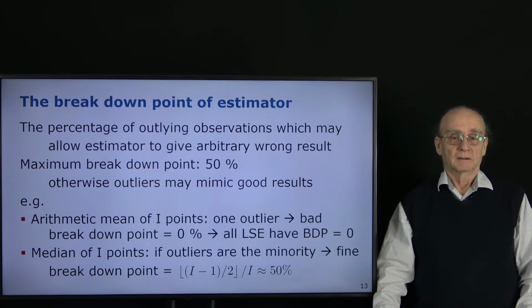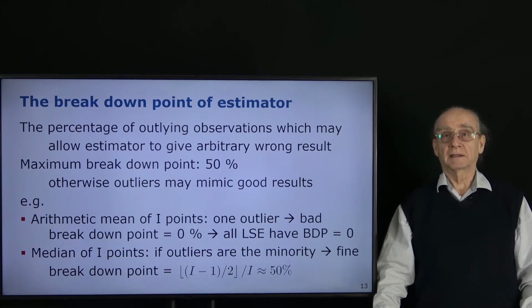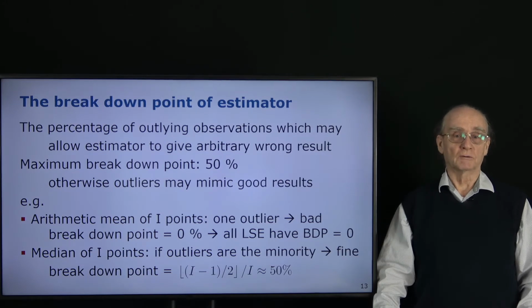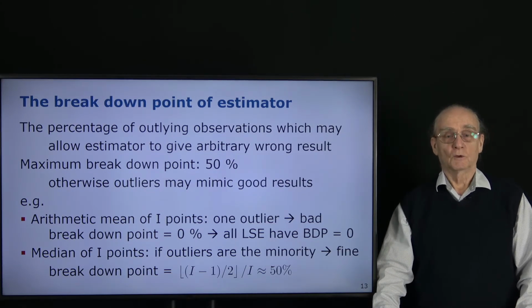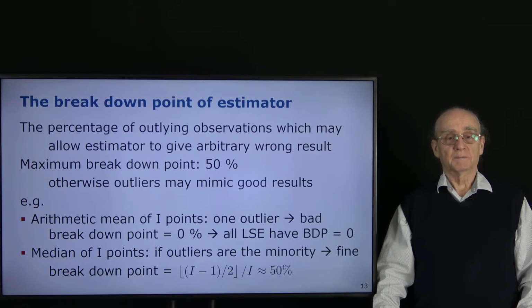Now, let's lean back and ask how many points of 100 points, let's say, can be outliers without the outlier detection system breaking down. This is what is called in statistics the breakdown point of an estimator. So the breakdown point of an estimator is the percentage of outlying observations which may allow the estimator to give arbitrary wrong results.